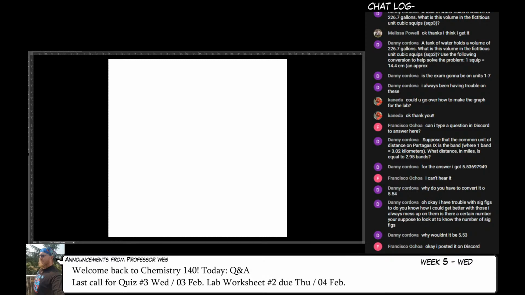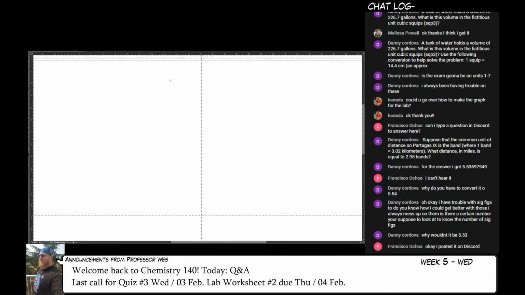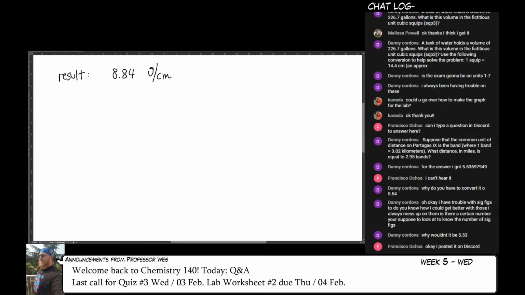I can... So it's a question about sig figs and percent error. So I can just make up some numbers here. Let's suppose that you do an experiment and your result for the experiment was 8.84 grams per cubic centimeter or something.